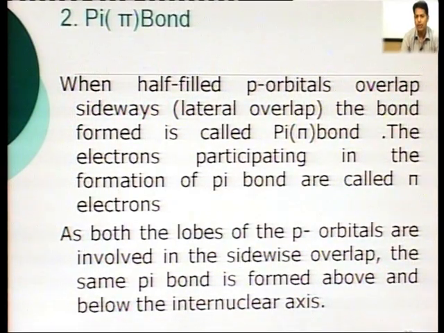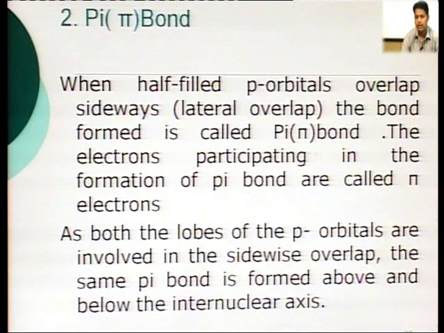The electrons participating in the formation of a pi bond are called pi electrons. As both the lobes of the p orbitals are involved in the sidewise overlap, the same pi bond is formed above and below the internuclear axis.